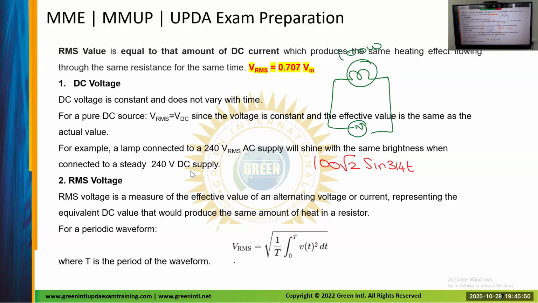They give 100 root 2 sin 314 t. From this number, what do you understand? Is it the RMS voltage, average voltage, instantaneous voltage, or maximum voltage? What is the formula for instantaneous voltage? Small v is equal to Vm sin omega t.